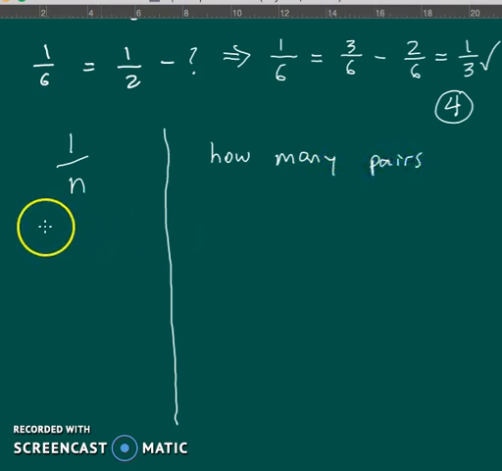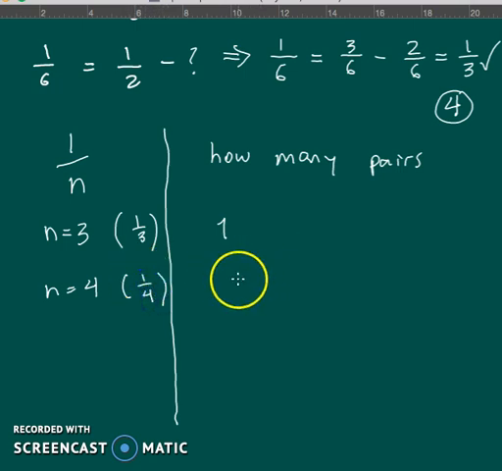Okay, so when we had n equals 3, so when we had 1/3, we found only one pair of unit fractions. When n was equal to 4, or when we're working with a fraction 1/4, we found two ways. And when we were working with n equals 6, or 1/6, we found 4 different pairs of unit fractions whose difference was 1/6.